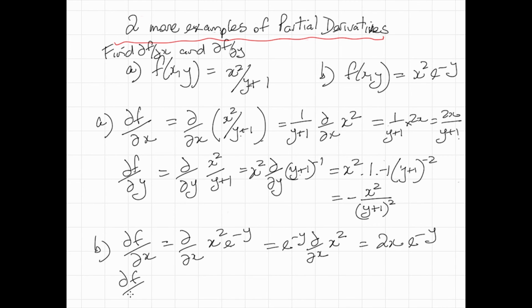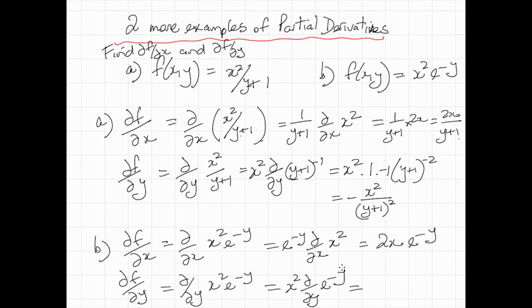Partial df dy, the derivative with respect to y, partial dy of x squared e to the minus y. Now if we do it with respect to y, x squared is a constant, so it can come out the front. And that's a constant, so we need the derivative with respect to y of e to the minus y.